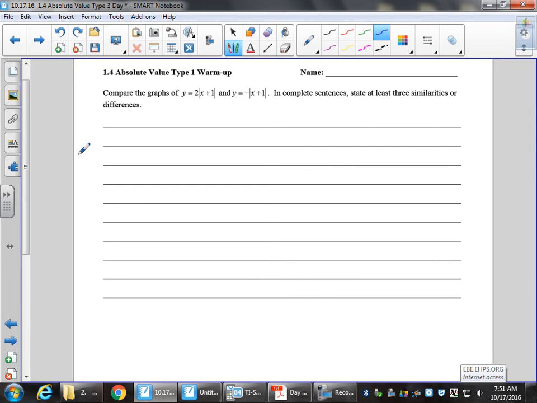So everything you know about functions, what's the same, what's different? I would take just 3 points, whatever you find, but see how many you can actually come up with.